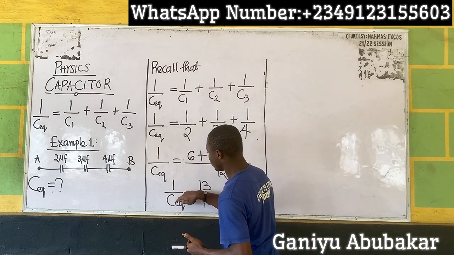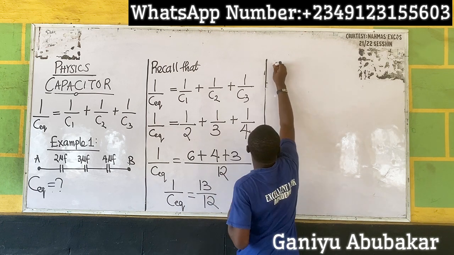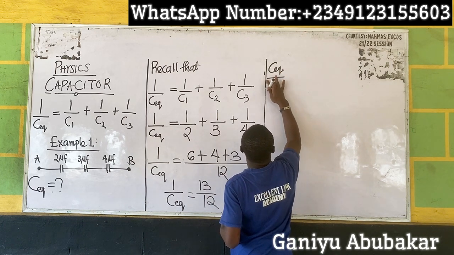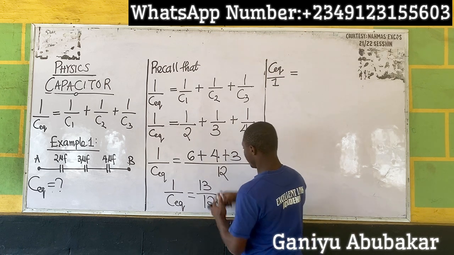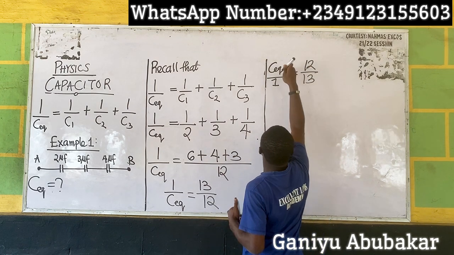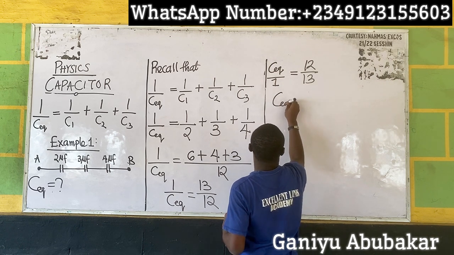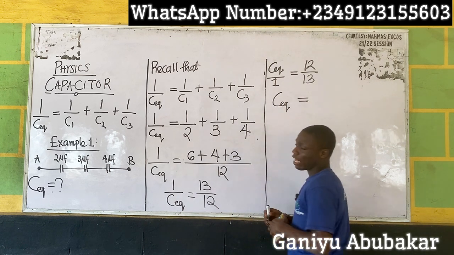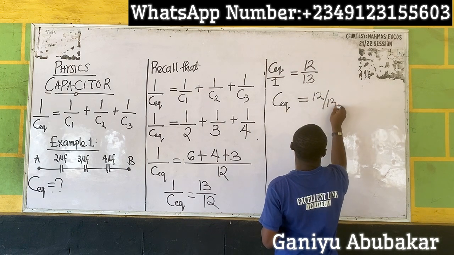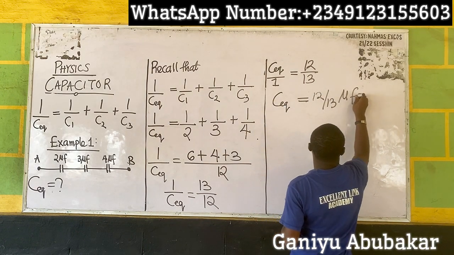That is, the one comes down, this one goes up. I'll have CEQ over 1 is equal to, invert this one, so that becomes 12 over 13. This over 1 gives you CEQ. That's the equivalent capacitance is equal to 12 over 13 microfarad.